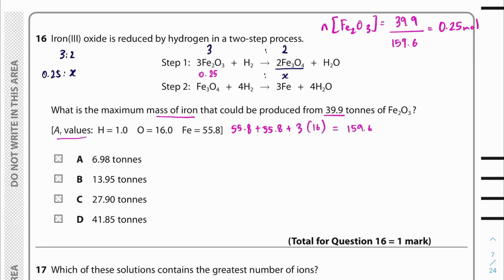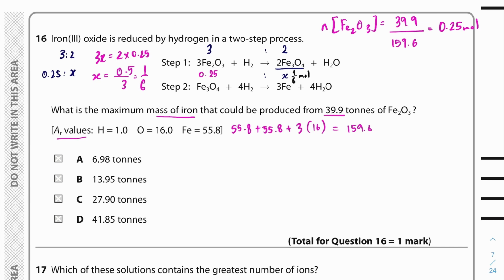Now we just cross multiply, so we get 3x equals 2 times 0.25. So x equals 0.5 over 3, which is the same as 1 over 6. So that's 1 over 6 moles.